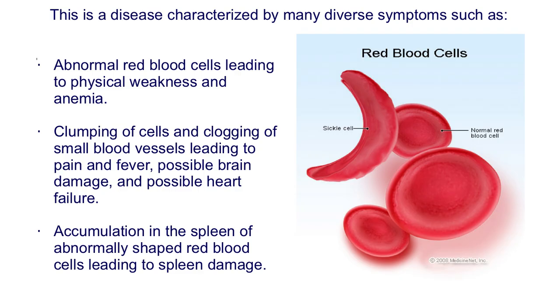If you had a sickle cell gene, the cell becomes crinkled up. It looks like a sickle under low oxygen conditions, like when you're exercising really hard. When these cells sickle, they clump up and clog tiny blood vessels, causing pain and fever.